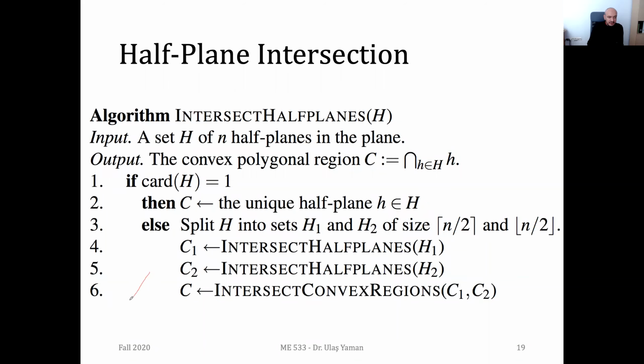Let me quickly draw it. This is C1. Let's change the colors. So the red one is C1, and you might have another one, and that might be C2.